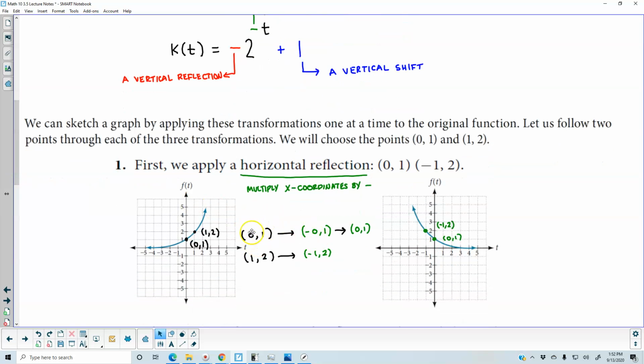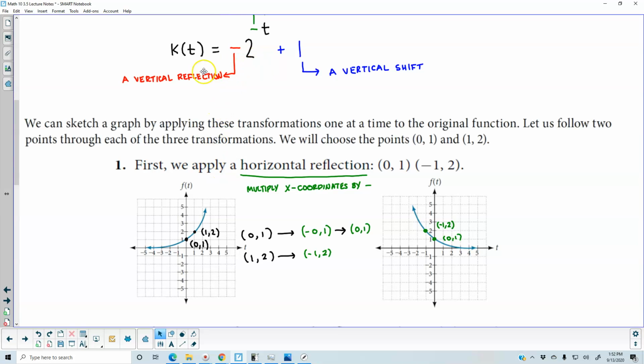If we multiply negative times 0, 0 is neither negative nor positive, so it just stays at (0, 1). Now, for (1, 2), we multiply the x-coordinate 1 by a negative value to get (-1, 2). So now when we write (0, 1) and graph (-1, 2), you can see that this graph was a horizontal reflection of our original function.